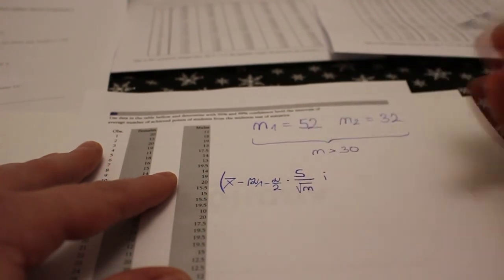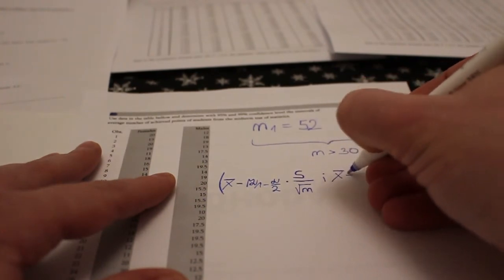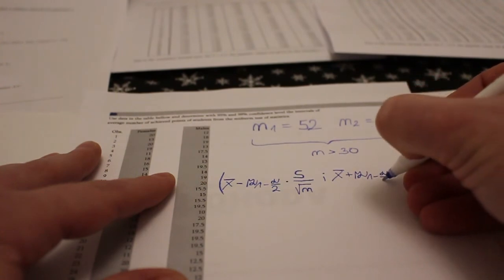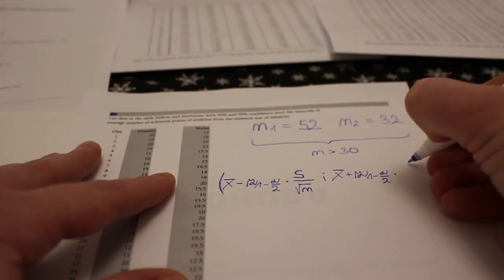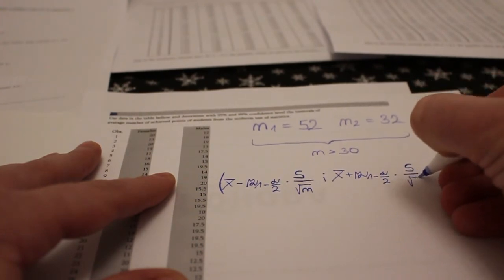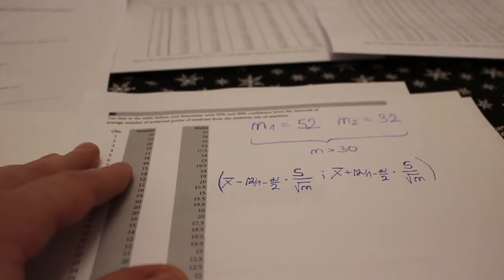And the right side: x with stripe plus z of 1 minus alpha divided by 2, times standard deviation divided by square root of n. Okay, so this is the formula.